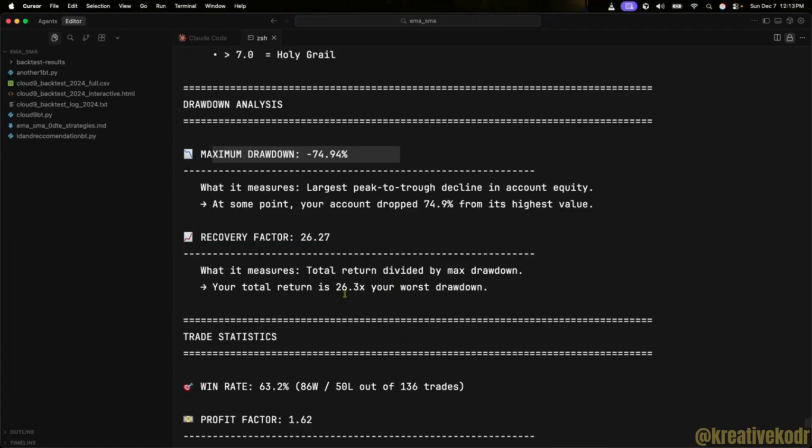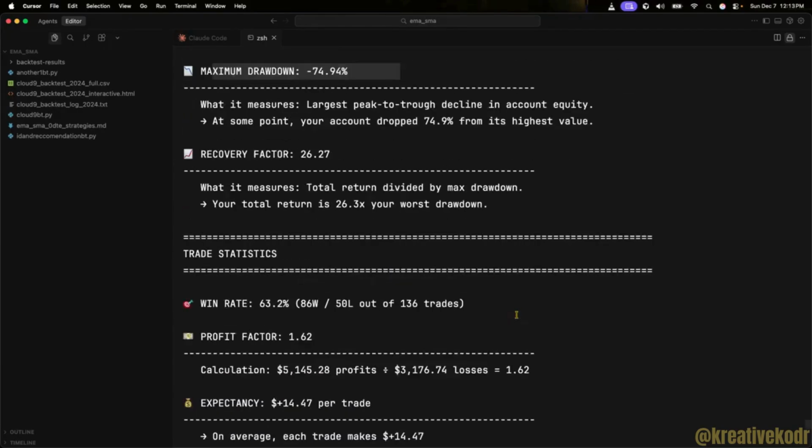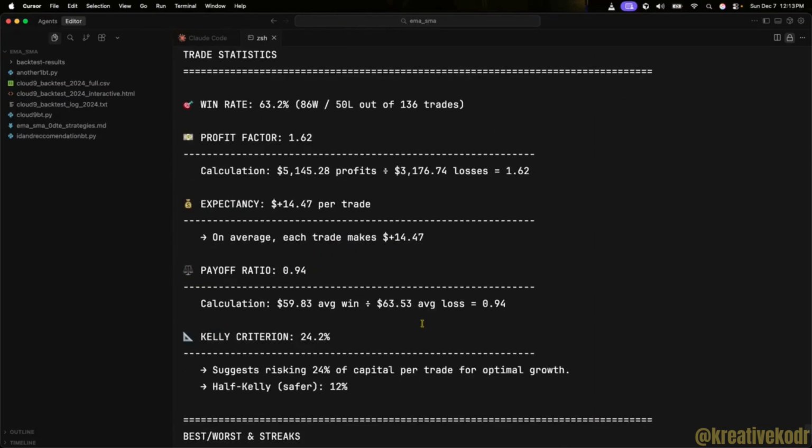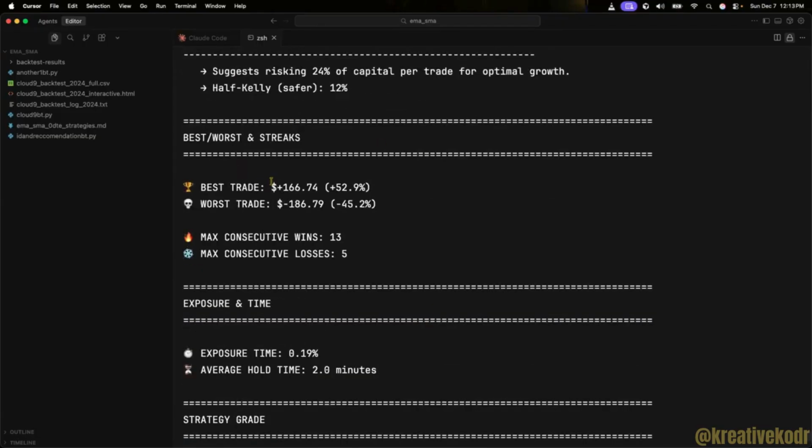Your total return is 26 times the worst drawdown. Now we're at a 63% win rate, 86 wins out of the 136 trades. Our profit factor is 1.62. So for every $1 that we lost, we're making $1.62 back. So that's Gucci.